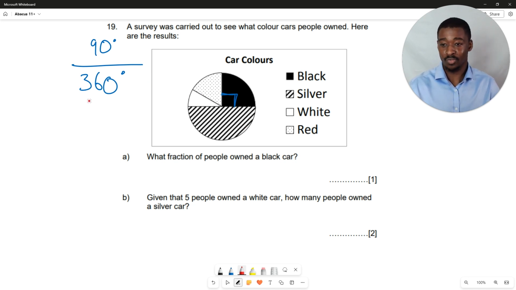And therefore 90 over 360, take out common factor of 10 or cancel zeros, 9 over 36, which is 1 over 4. So a quarter of these people owned a black car.